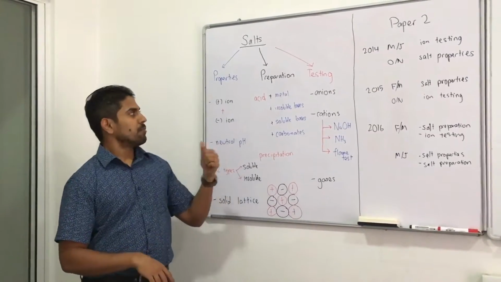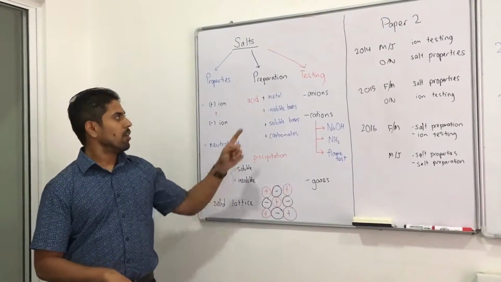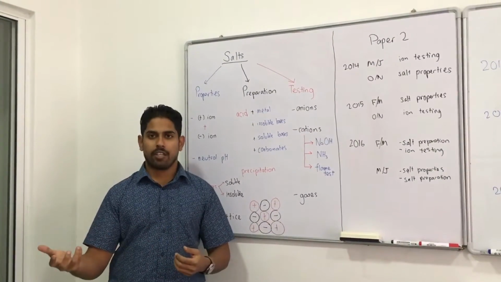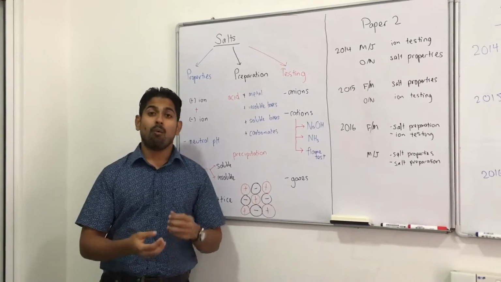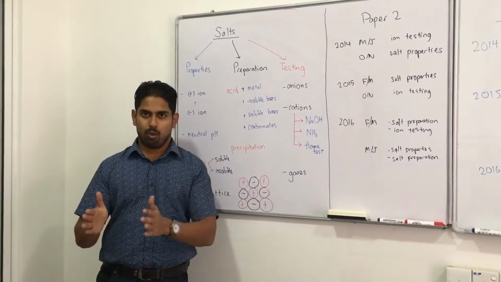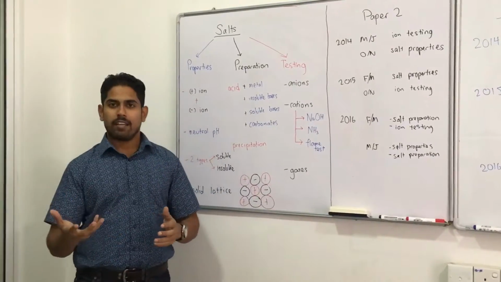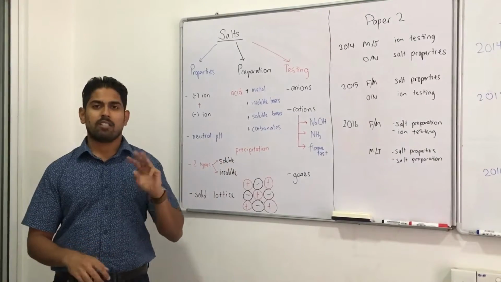Part 2 is preparation of salts. We have 5 main methods to prepare salts. First is acid plus metal, where you end up with a salt and hydrogen gas. Second is acid plus insoluble base, where you get a salt and water. Acid plus soluble base, which is alkali, you still get salt and water. Acid plus carbonates, now you have 3 things.